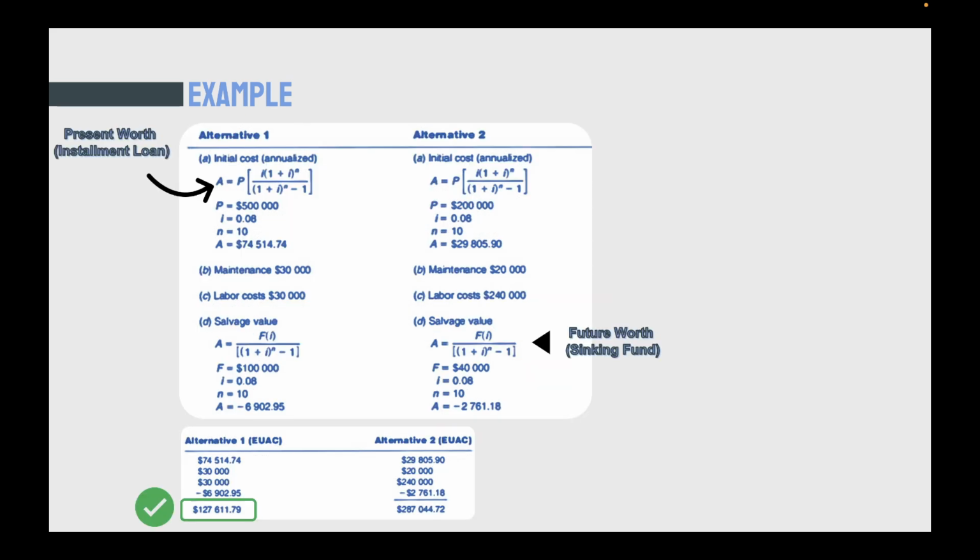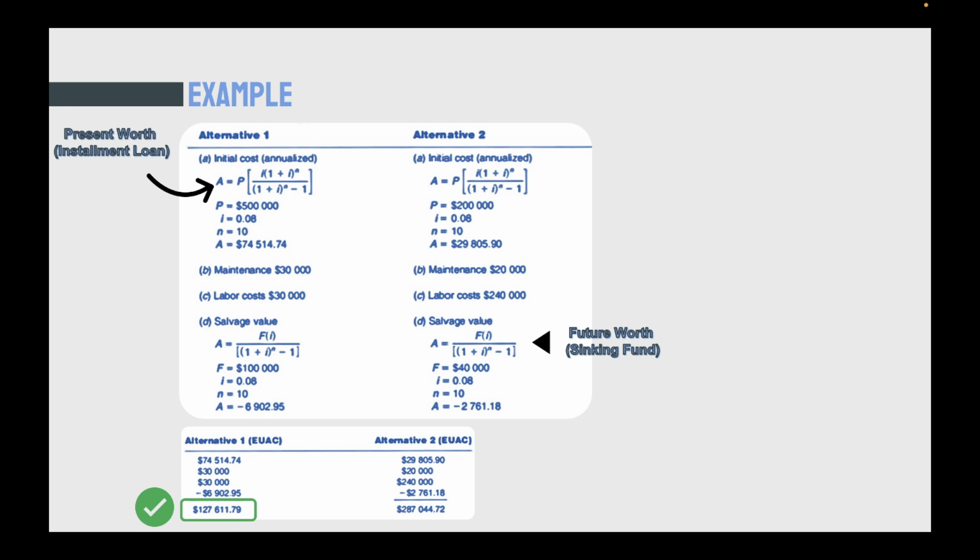Of course, you will go with your installment loan to find your A. For alternative 1, it's going to be 74,000. For alternative 2, it would be 29,000. Maintenance is 30,000 for the first and 20,000 for the second. Labor cost is 30,000 for the first, but it's 240,000 for the second because it's not fully automated. It's operated by operators. Salvage value is how much money he's going to get back when he sells those at the end of the period.